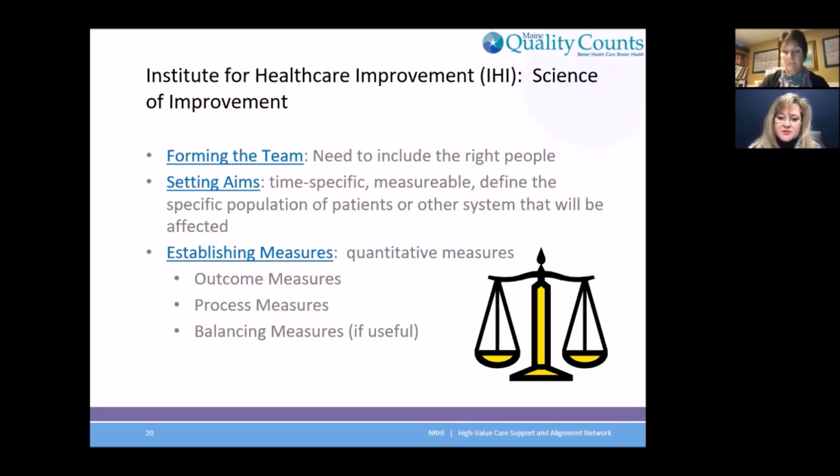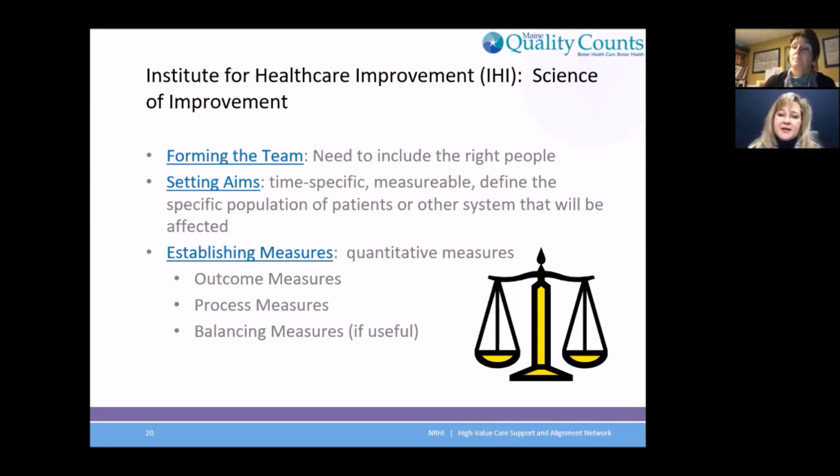And then the balancing measures are kind of one to balance the other. So in other words, if you're making an improvement, you're also making sure that you're not negatively affecting something else. So for instance, one example I can think of is length of stay after you have a baby in the hospital. As a hospital or a system or a floor, however you want to look at it, you're looking at that length of stay and you want to minimize that.